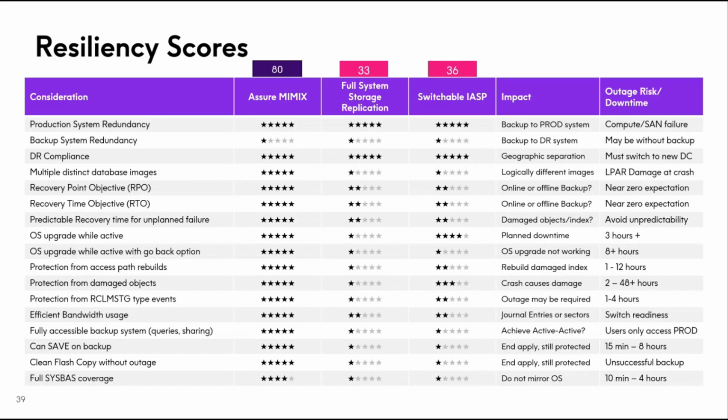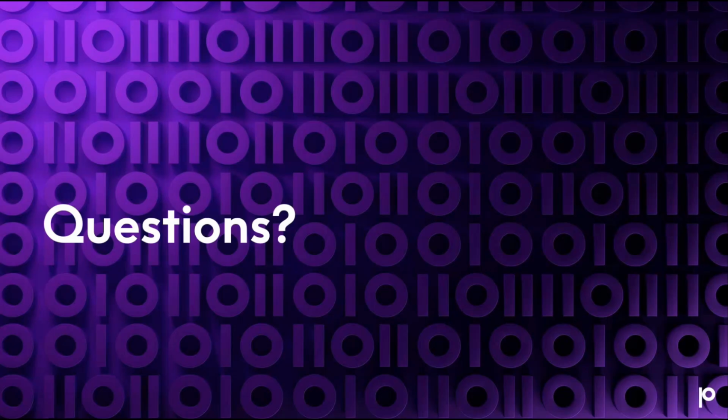If you take a look at this, Mimics always scores at the top. So you're going to get much more value with a logical replication solution than you are with a storage-based replication solution. Keep that in mind as you're making decisions about managing resiliency on IBM i. If you have any questions about this, please just let us know. And with that, I think that's the end of it.